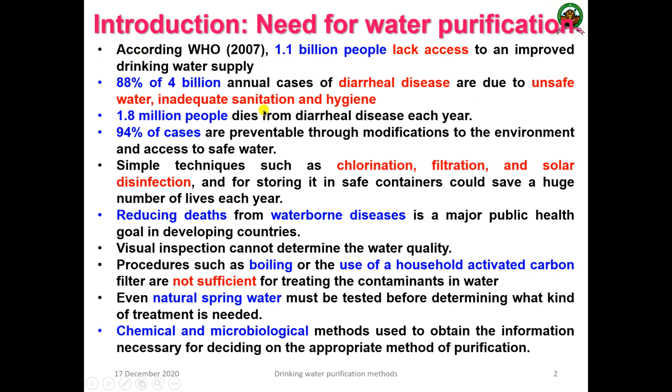And 88 percent of the 4 billion annual cases of one of the main waterborne diseases, diarrheal disease, are mainly due to unsafe water, inadequate sanitation and hygiene. So unsafe water consumption and inadequate sanitation and hygienic facilities are the main reasons for several diarrheal diseases in this world, and 1.8 million people die from diarrheal diseases every year.